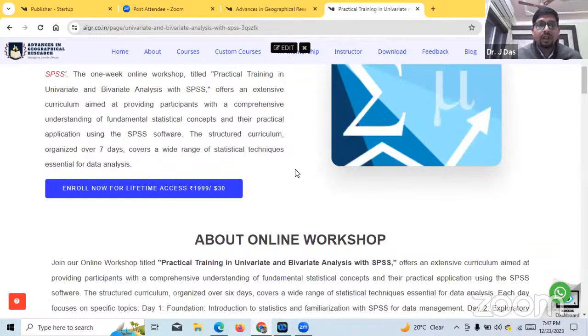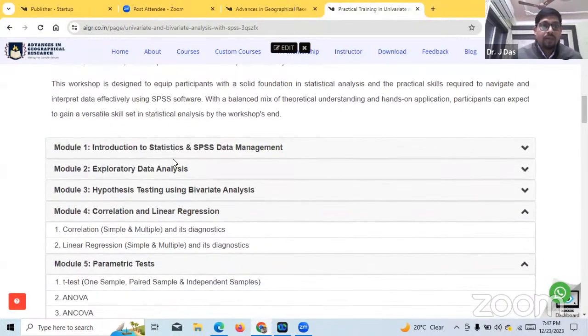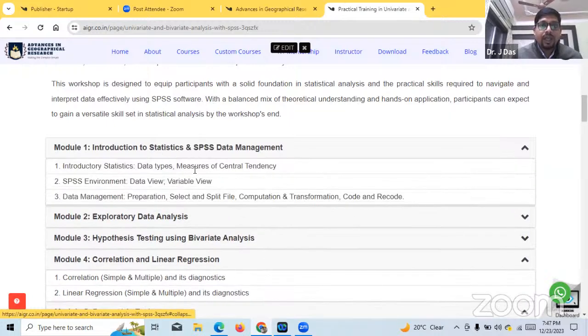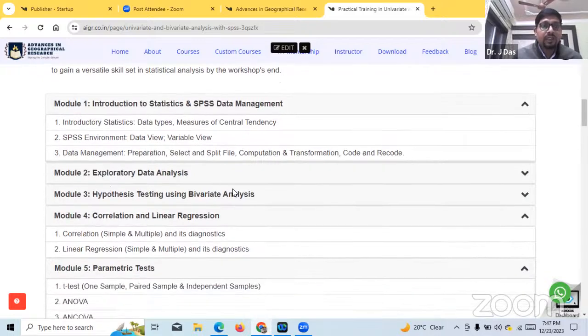Our resource person has already explained in detail all the modules: introduction to statistics, SPSS data management systems and various tools, the SPSS environment, data types, measures of central tendency, data view, variable view, and important tools like data management, how to prepare your data, select and split file, computation and transformation, and code and decode.